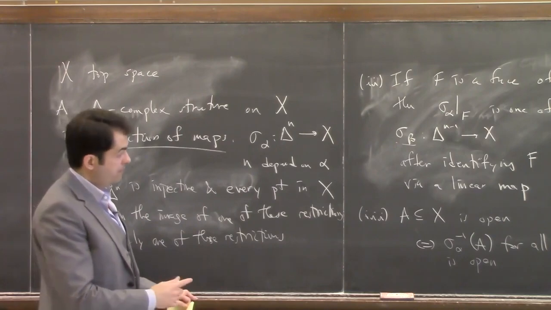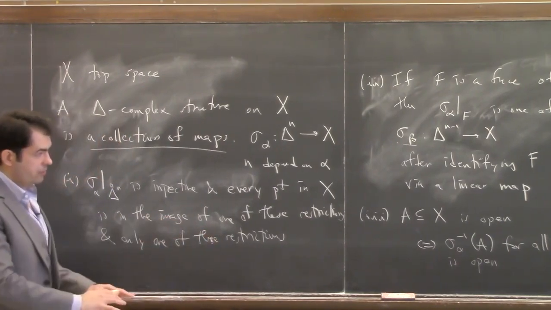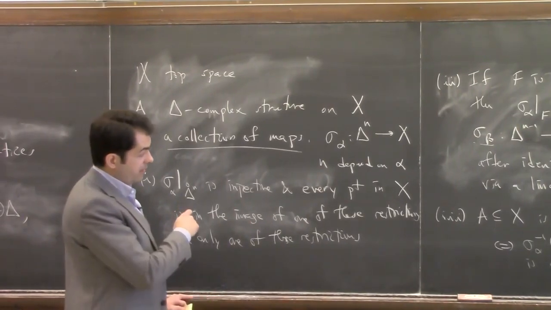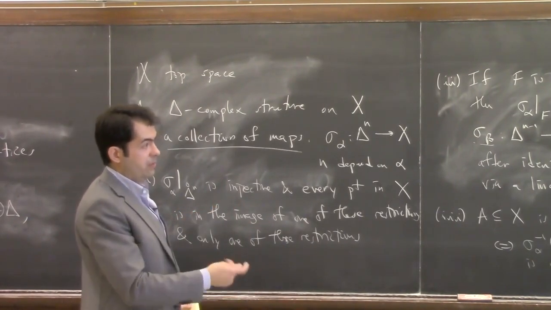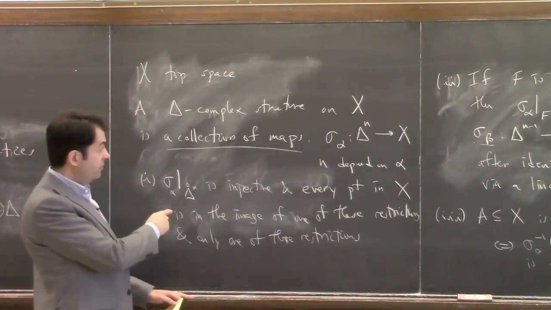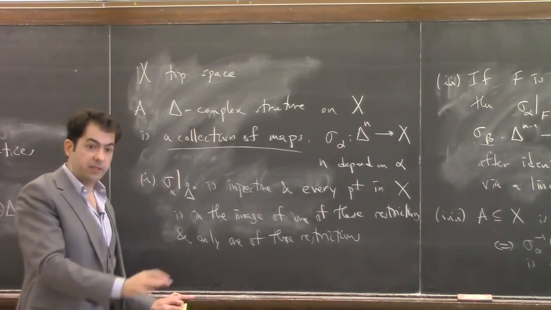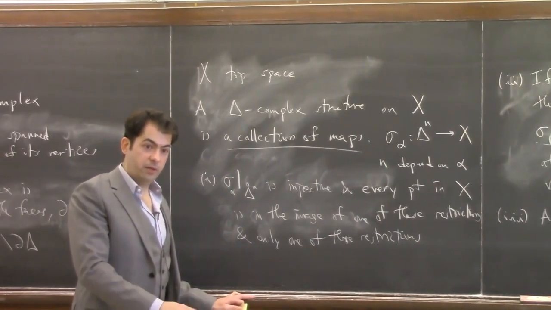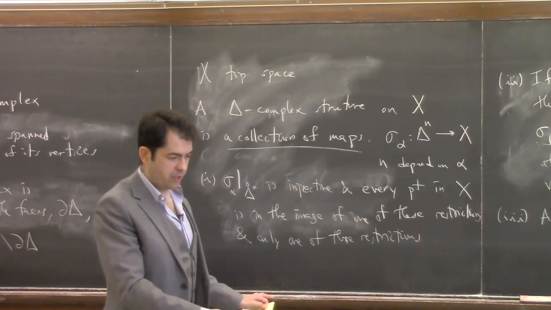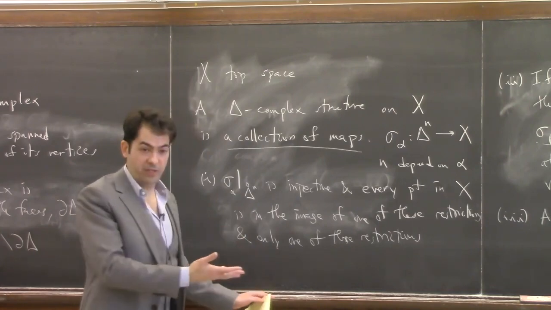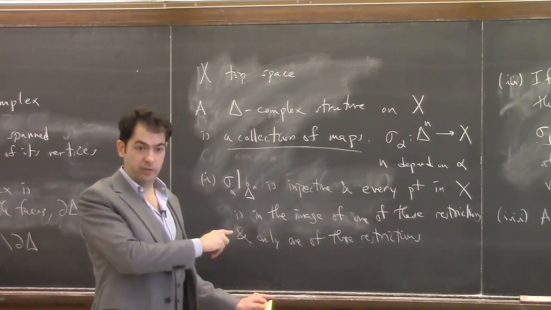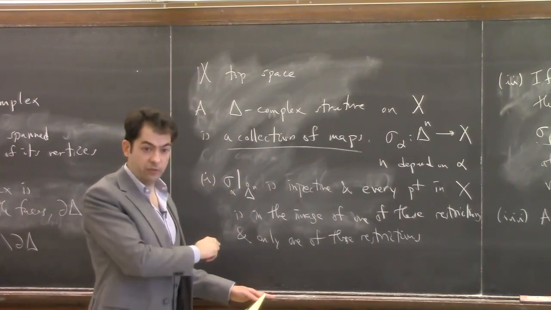Right? So there's an even more restrictive version, which is called a simplicial complex. In the simplicial complex, you make things basically combinatorial. So you demand that every simplex would be completely determined by where you send the vertices. So a delta complex is a little more general, which is great because we're going to see in a moment, for example, the torus you can build using two cells as a delta complex.